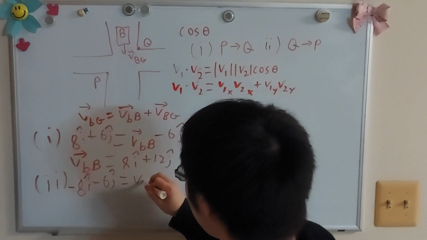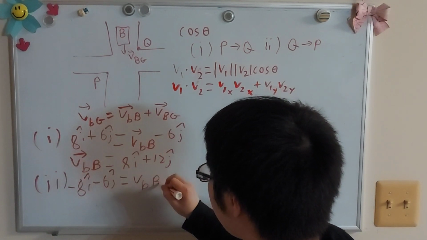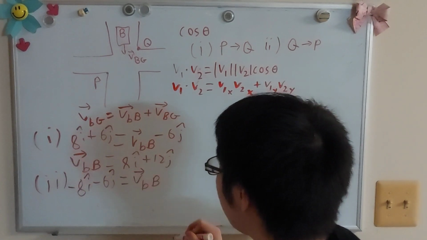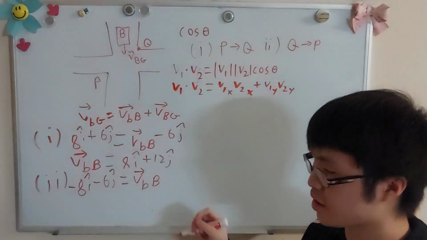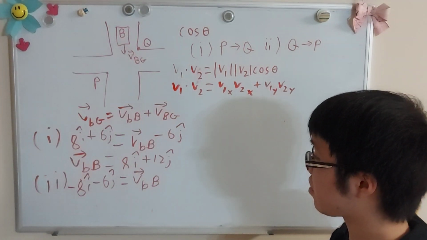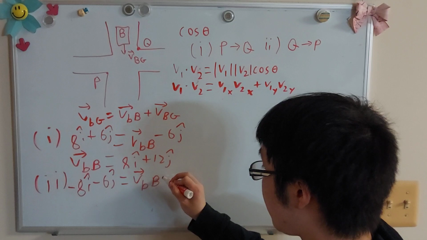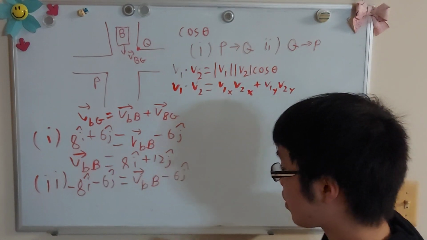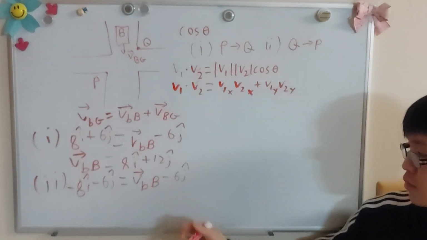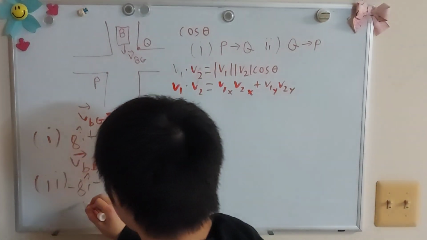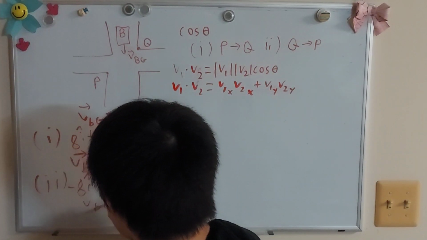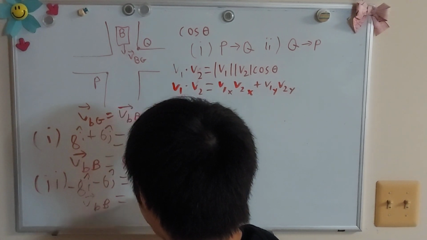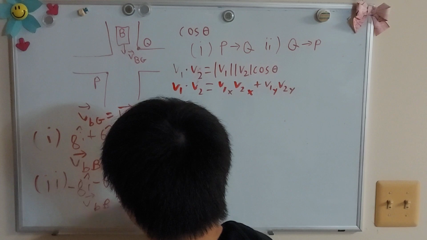And of course, the velocity of car B relative to the ground will be the same. And so we can solve this equation and find that the velocity of the ball relative to car B in case 2 is negative 8i hat.